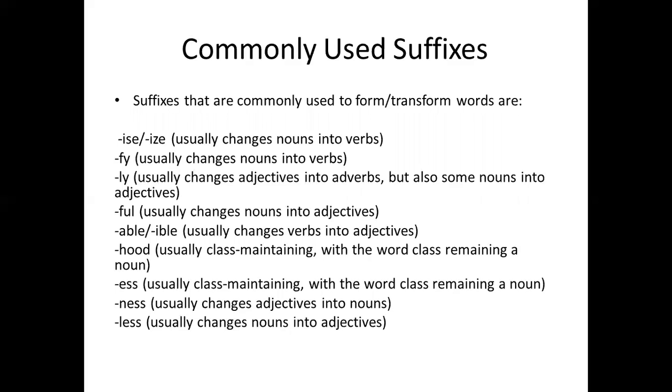If I add the suffix hood to it, it will become nationhood. And nationhood is also a noun, which is why this suffix is usually class maintaining. So child, childhood. Okay. Widow, widowhood. A widow is a noun, a child is a noun. So when you add the suffix hood, the word still remains a noun.